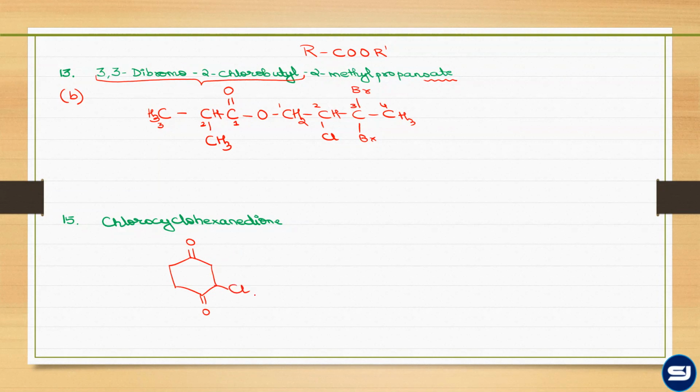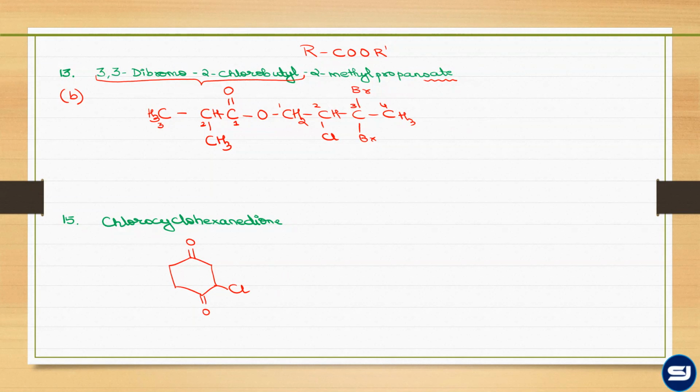So is this a correct name? If you were to name the compound, what would be the nomenclature? What would be the correct nomenclature? Or is it already given correct? 2 chloro.